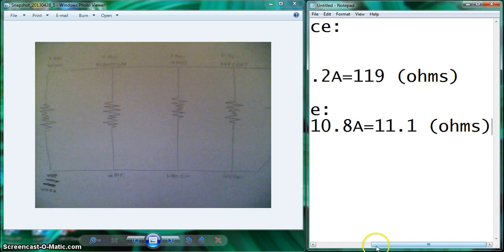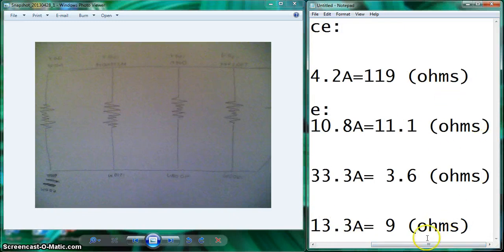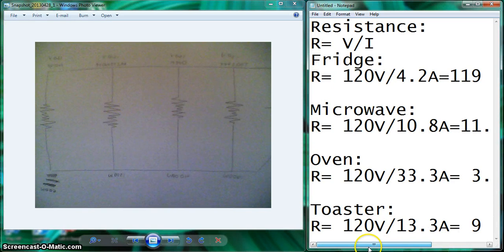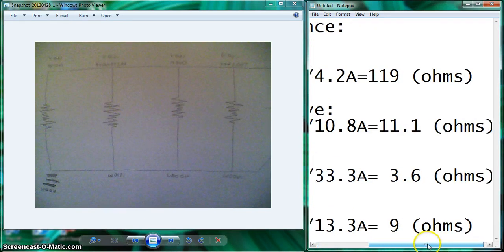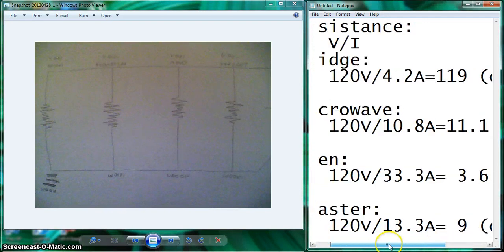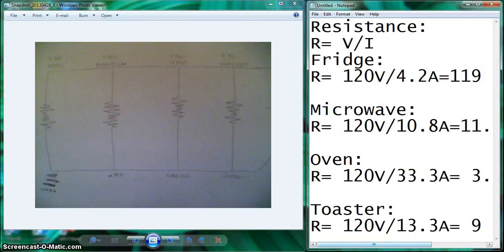And for the rest, I will show you shortly. Alright, now that we've got the ohms for all four appliances, we see that the oven is 3.6 ohms and the toaster is 9 ohms, and the other two we just got earlier.